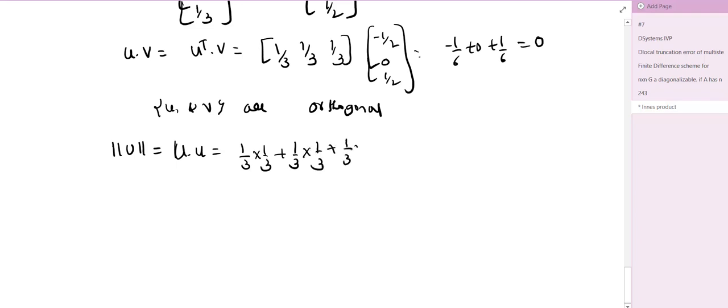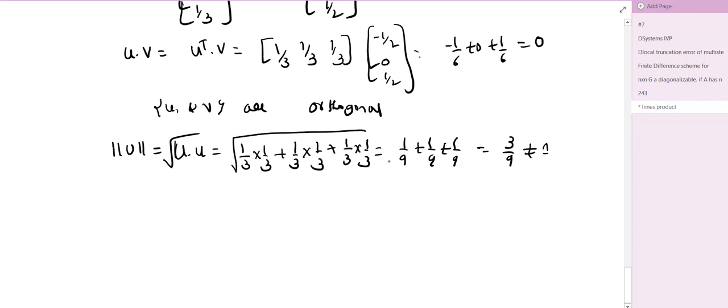So it is 1 by 9, 1 by 9, 1 by 9, which is 3 by 9, which is not equal to 1. So the length is not equal to 1. The norm of u will be the square root of u dot u, which is not equal to 1 in fact.